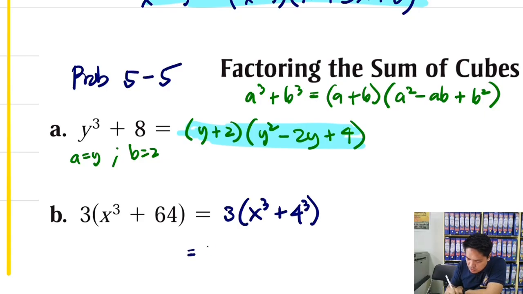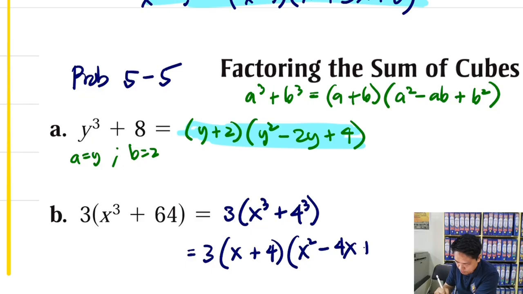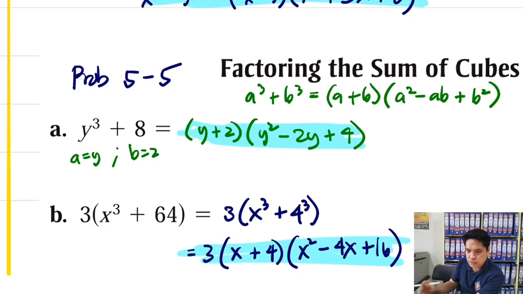So that would be equal to 3 times this factorization, or the factor of this. So just follow this factorization. That would be a, our a is x plus b, so our b is 4, times a squared minus ab, so 4x plus b squared, or 4 squared, so 16. So this is now the perfect or the complete factorization.